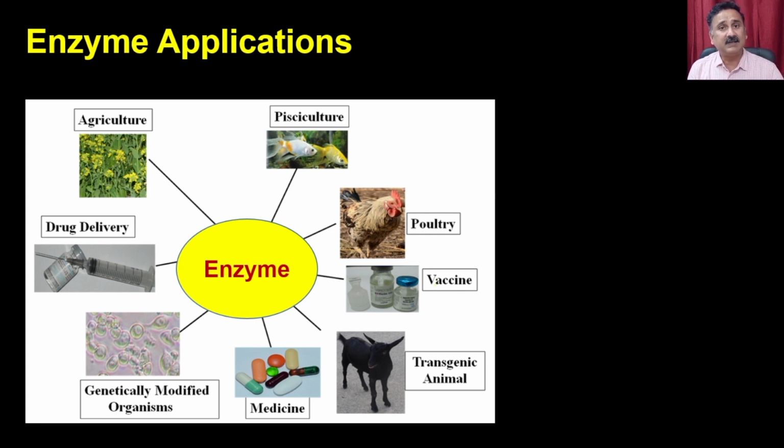Enzymes are also utilized in some way to produce vaccines. They are utilized for genetic recombination and other genetic engineering applications, resulting in genetically modified organisms or transgenic animals. On the other hand, enzymes are a very big source of medicines. Either the medicines are inhibitors for inhibiting a particular enzyme, or the enzyme itself could be the therapeutic molecule for catalyzing some reactions.